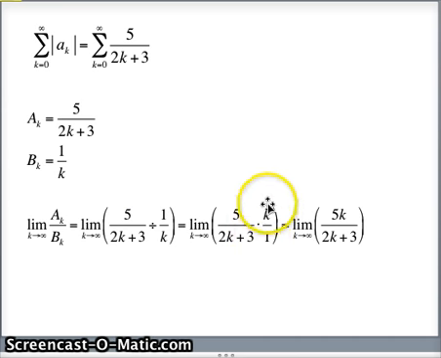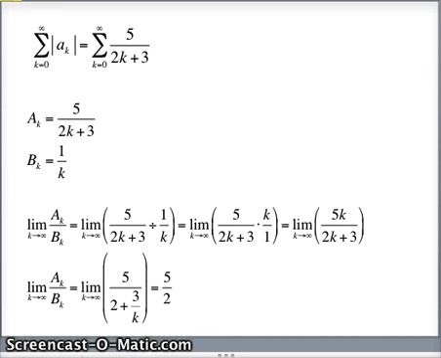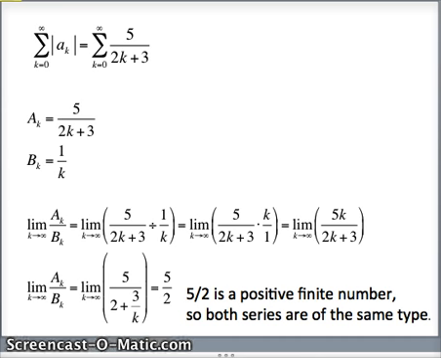Invert and multiply times k over 1 gives me 5k over 2k plus 3. Dividing the top by k, I get 5. Dividing the bottom by k, I get 2 plus 3 over k. As k gets large, 3 over k goes to 0, and my limit is 5/2. I'm happy because that is a positive finite number. If I have a positive finite number, both series are of the same type.